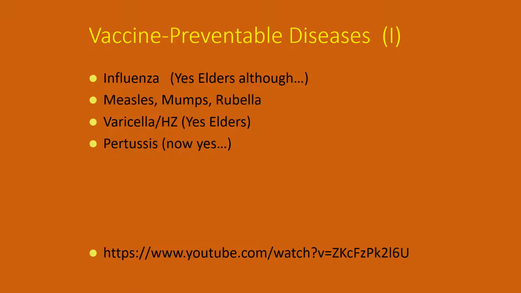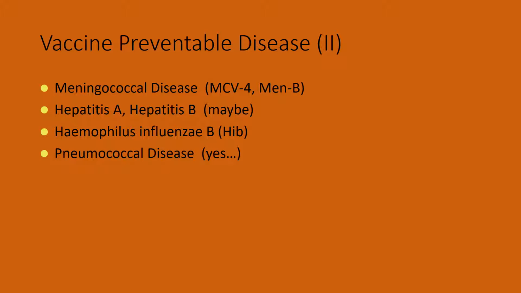I did include a link for a CDC vaccine video that recommends what to do with adults. It's pretty basic and is probably better for patients than for professionals, but just to remind you that there are other things out there.